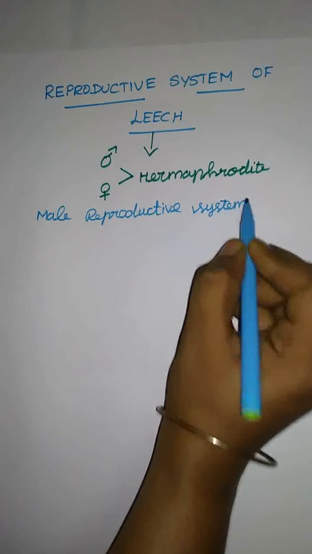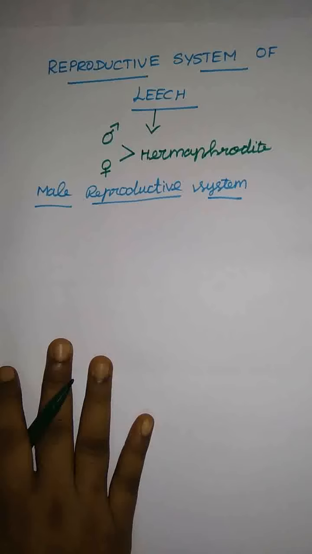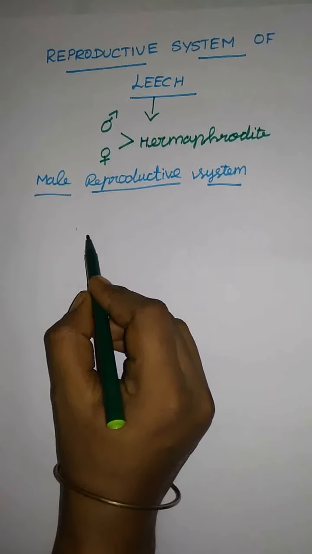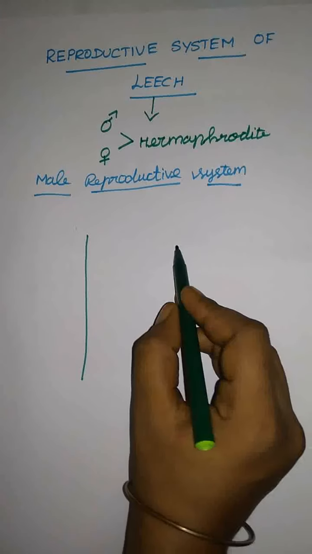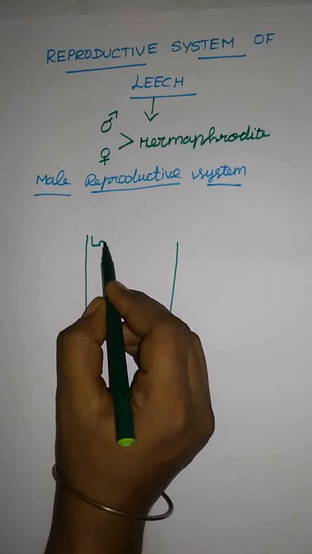Male reproductive system of a leech. Here there are 11 pairs of testes present in the leech body. Just imagine this is a testis. Now I am going to draw a testis just like this.